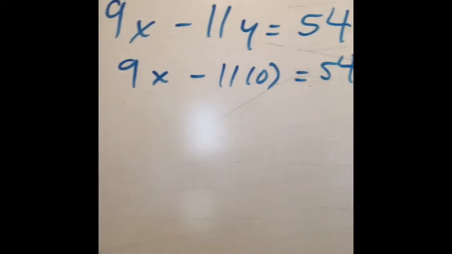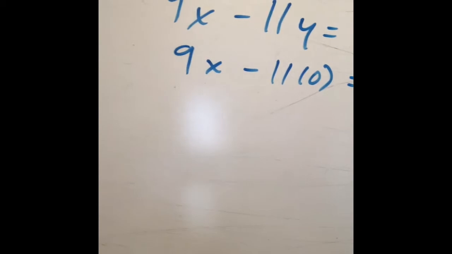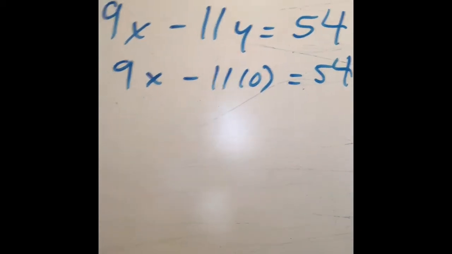Simplify it, you end up with 9x equals 54. Divide by 9, divide by 9.